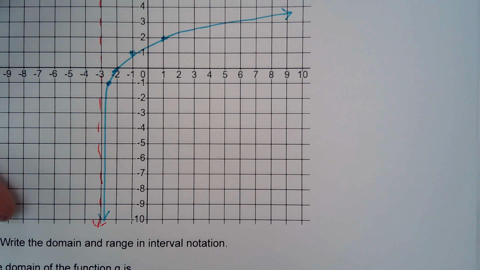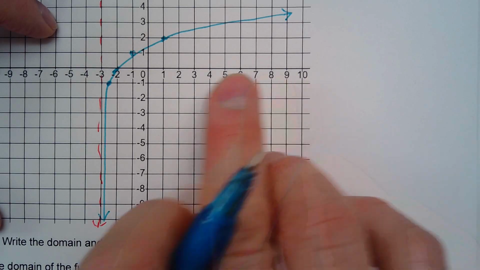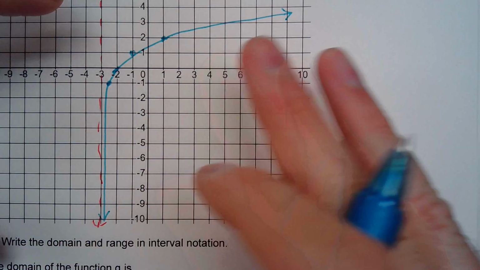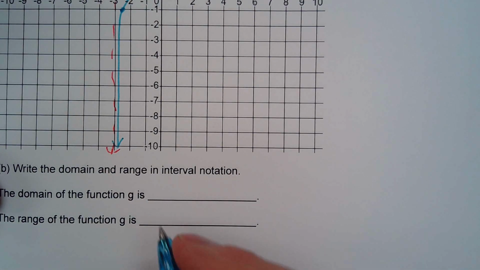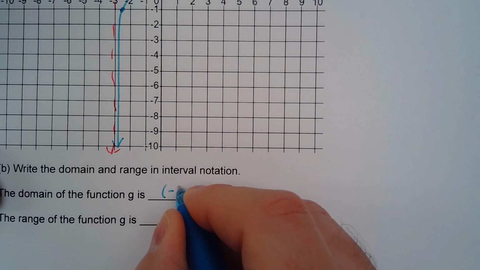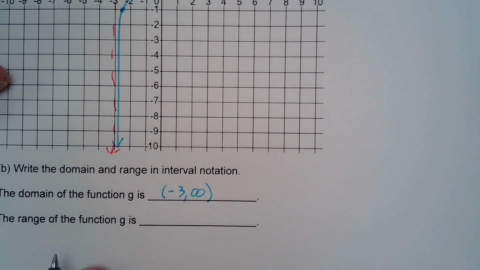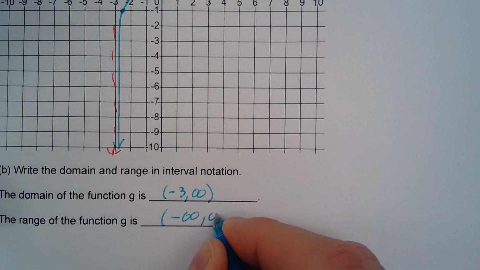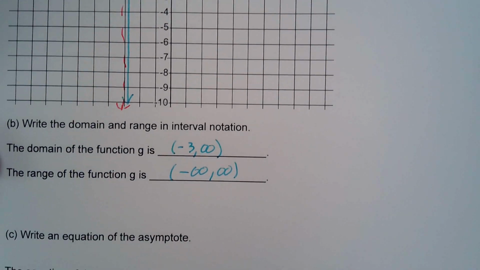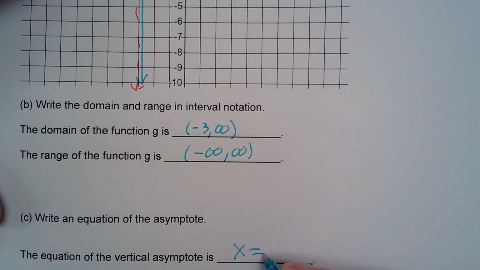Now notice what that shift has done. That's changed my domain. Instead of my domain for my log function being the positive real numbers, it's everything larger than negative 3 because I got shifted to the left 3 units. So my domain here is negative 3 to infinity. My range here is still going to be all real numbers. That doesn't change. And we mentioned that the vertical asymptote got shifted to x equals negative 3.